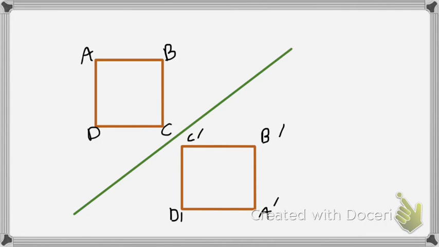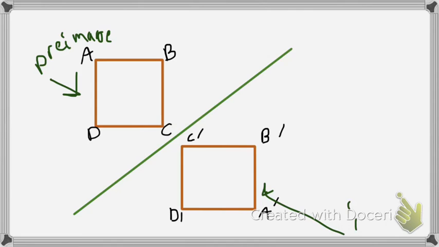All that prime means, that little apostrophe at the end, is that the point has undergone a transformation from the pre-image, which is right here, to this right here. That'd be the image.